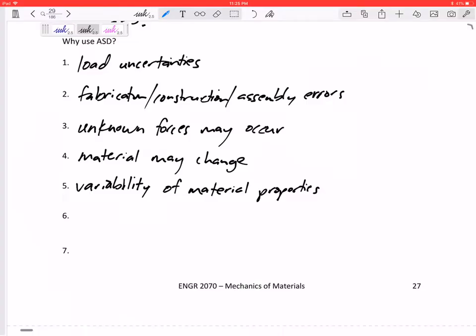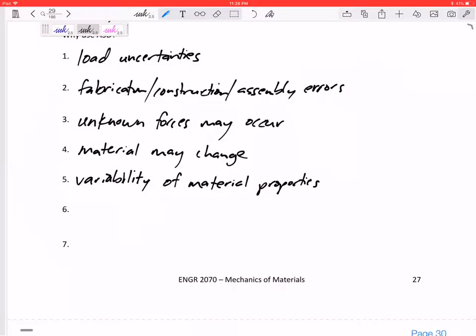If you've got some sort of alloy or some steel, maybe it's not exactly the same as what your textbook thinks it should be, or what all the tests say this material should hold up to, 200 MPa, but maybe there's some variability in that. Calculation accuracy. Maybe we didn't do all those calculations correctly.